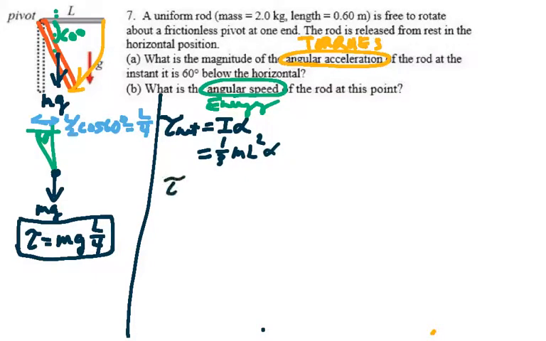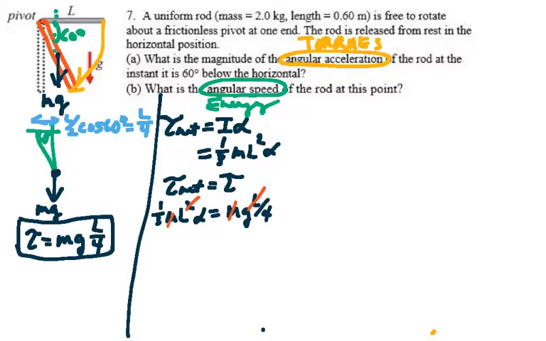So we should have that our net torque equals our torque, and we have 1/3 mL squared alpha is equal to mg L divided by 4. Get rid of an L on both sides, and an m on both sides.